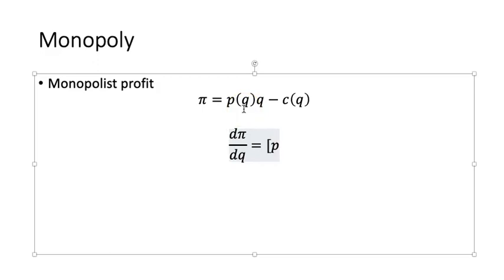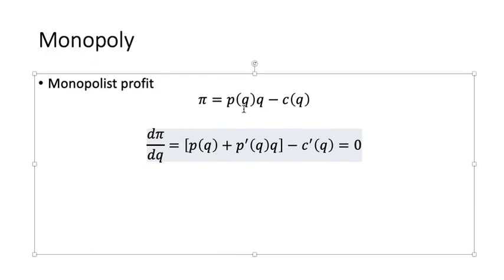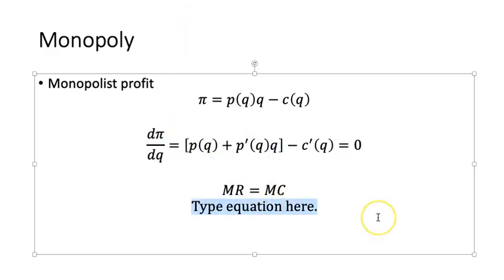So we have P(Q) plus P'(Q) times Q minus C'(Q), and set it equal to 0. To maximize the monopolist's profit, we have to identify Q star such that marginal revenue equals marginal cost, so this marginal revenue function must be equal to C'(Q).